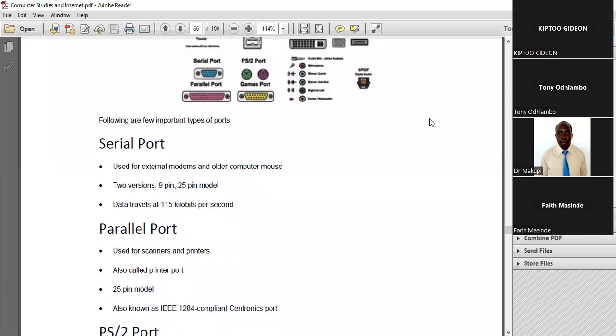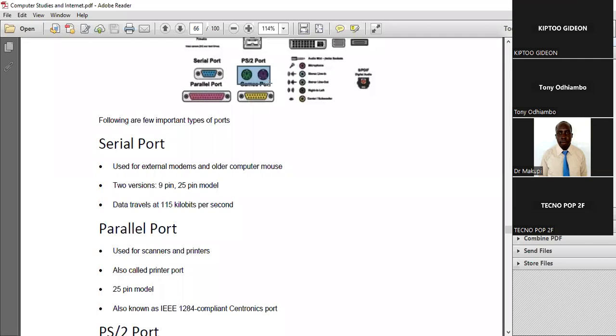The traditional kind of mouse, which was using pins, is being phased out today and replaced by the USB-supported mouse, as opposed to the other one, which was using a serial port. The serial port came in two versions, a 9-pin and a 25-pin model. Data travels at 115 kilobits per second. And I want you to understand, when we're discussing ports, be very keen on the speed at which the data travels at that port, and also the configuration in terms of pins that it can support.